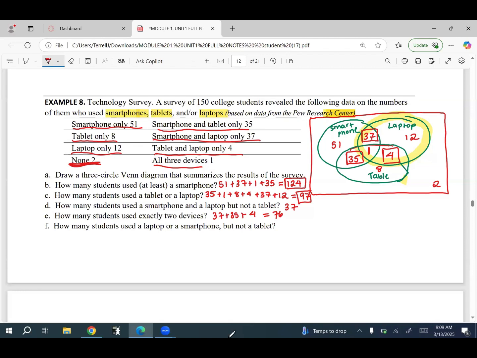Final question, how many students used a laptop or a smartphone, but not a tablet? So here, I look at the smartphone and laptop, and I'm adding values that are in those circles, but not in the tablet circle. So for me, that would be 51 plus 37 plus 12, and that is 100.